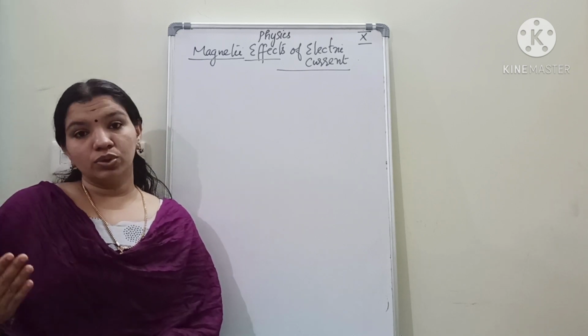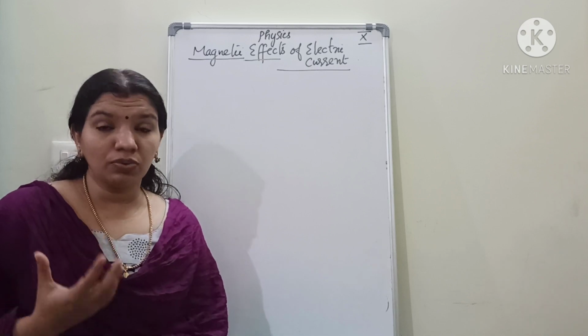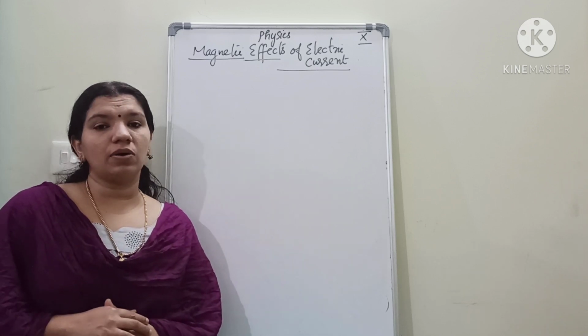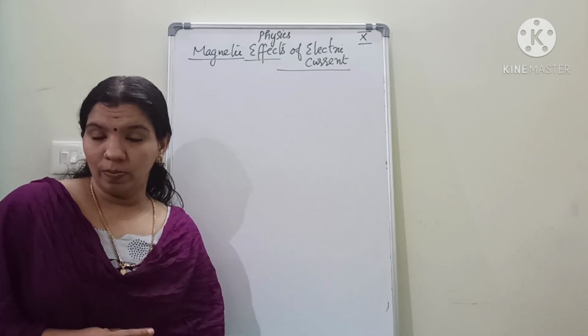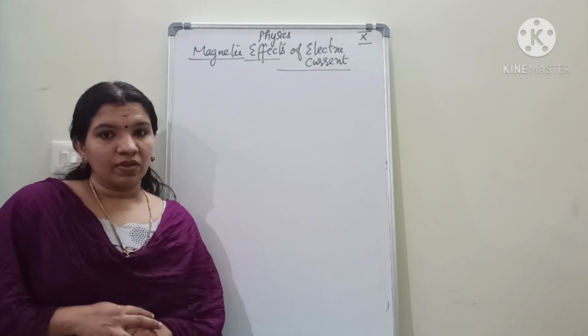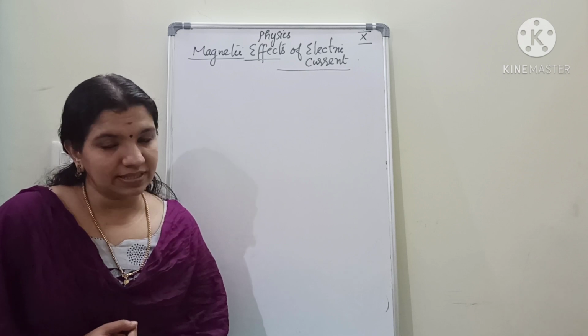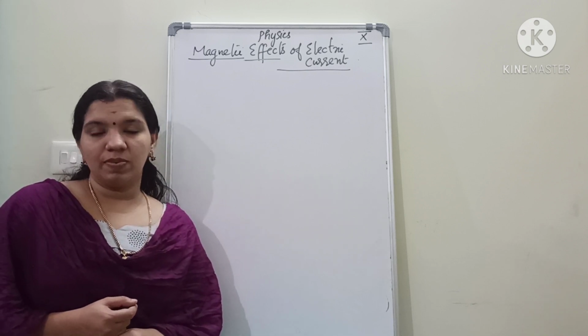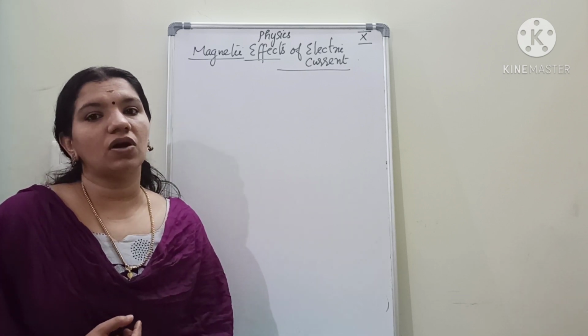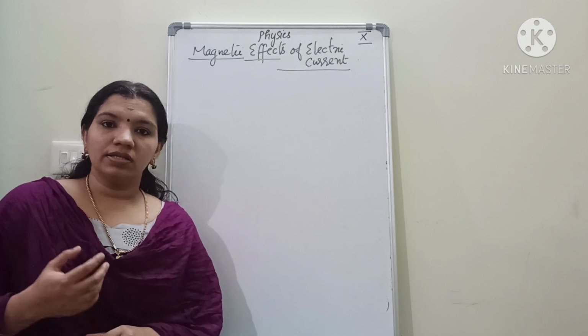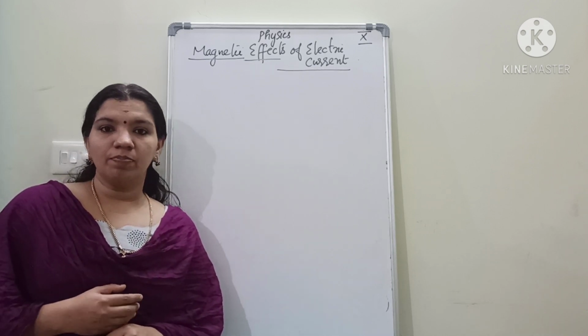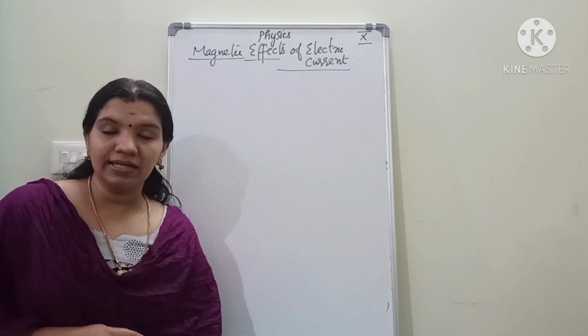Then we moved to the activity of how to draw field lines around a bar magnet. We use two methods. First one is the mapping of the magnetic field using a compass needle, and the second one is by sprinkling iron filings on cardboard. These are the two ways by which we can plot the magnetic field lines.